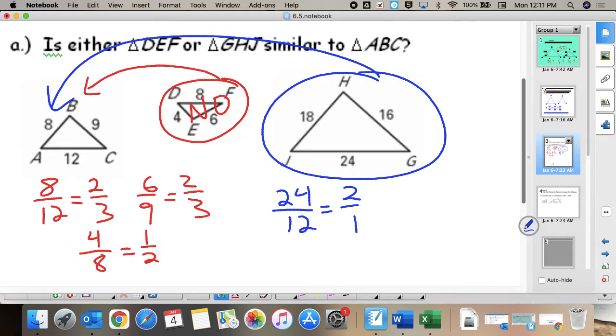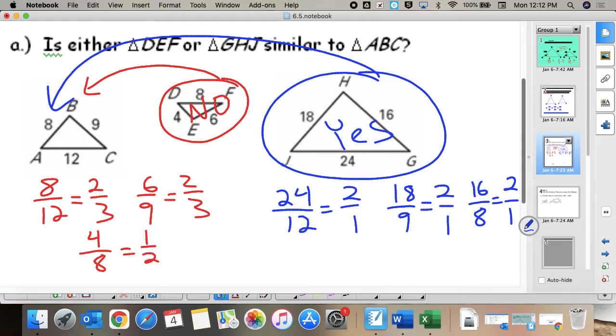Medium over medium would be 18 over 9. Reduces to 2 over 1. Small over small would be 16 over 8. Reduces to 2 over 1. Since all three reduce to the same thing, triangle GHJ is similar to triangle ABC.